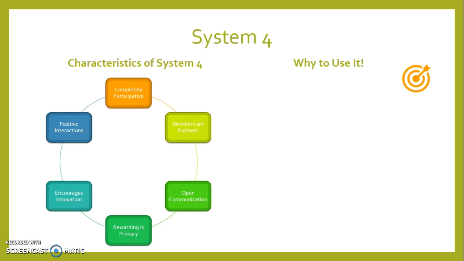But why do these characteristics matter, and why would the company want to strive to meet these characteristics? In a System 4 organization, employees are encouraged to use their own abilities and held accountable for meeting their own goals.